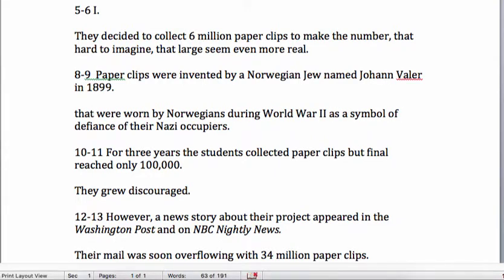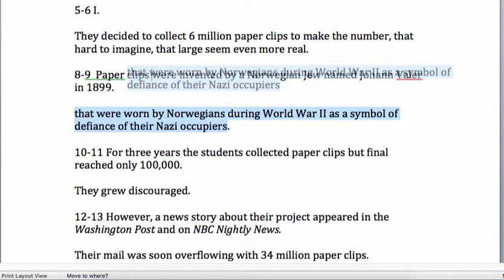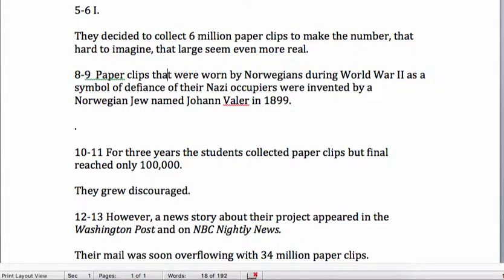Okay. And where's this going to go? Where's the paper clips at? Right there. Paper clips that were worn by Norwegians during World War II as a symbol of defiance of their Nazi occupiers were invented by a Norwegian Jew named Johan Valler in 1899.